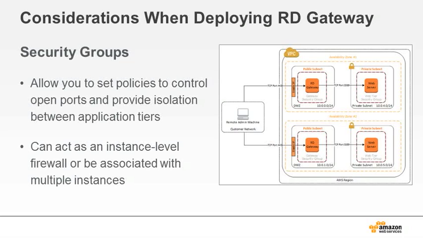Security groups can be filtered based on CIDR rules, but they can also be filtered based on other security groups. So if you look at the diagram over here, you'll see that there's the RD gateways in the gateway security group and the web servers in the web tier security group. The web tier security group could easily have a rule that says, I will allow traffic on TCP port 3389, which is the default RDP port, but only from machines in the gateway security group.